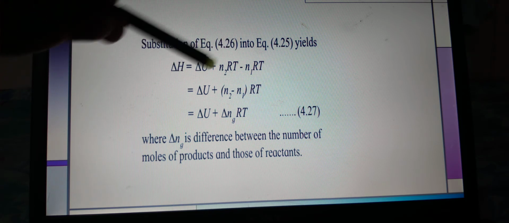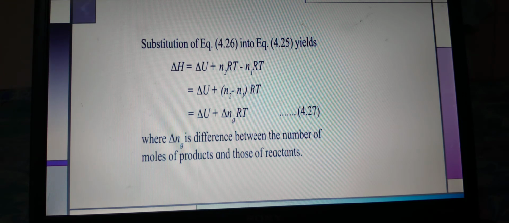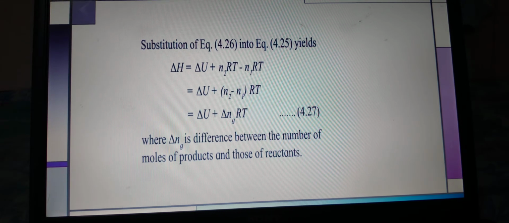So N2 minus N1 means delta N. Therefore delta H is equal to delta U plus delta N RT. At the subscript we write G, which is for the gaseous product, where delta Ng is the difference between the number of moles of the product and those of the reactant.